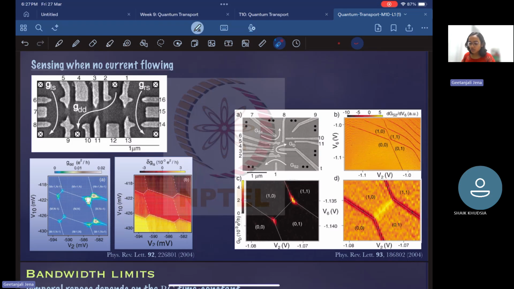That means if you use a quantum point contact, you can get additional information, like the tunneling events happening in the double quantum dot and the interdot tunneling. So more information you can get from here. That is why using a quantum point contact is more advantageous than using the current sense.